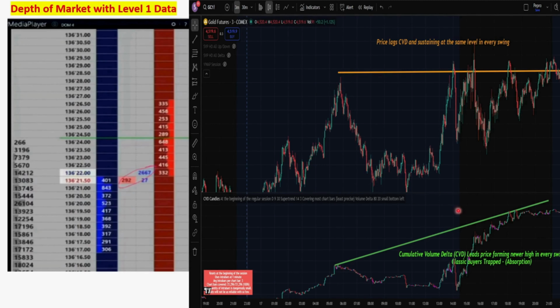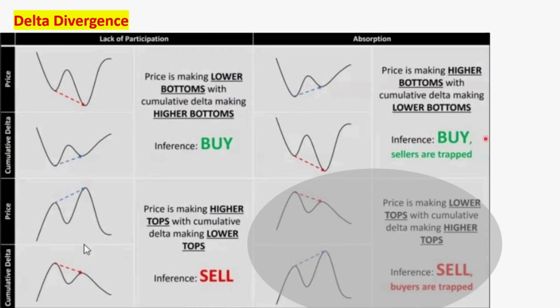In the next slide, we have shown the delta divergence, where we can see that there are 4 types, 2 representing lack of participation on the buy side and the sell side, and 2 representing absorption on the buy side and the sell side.